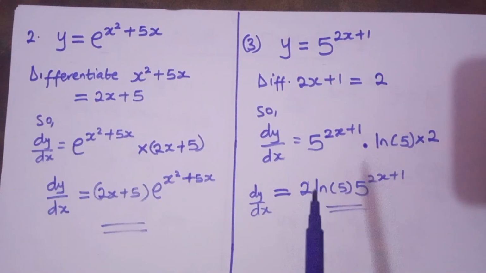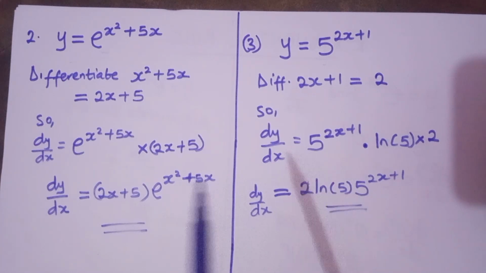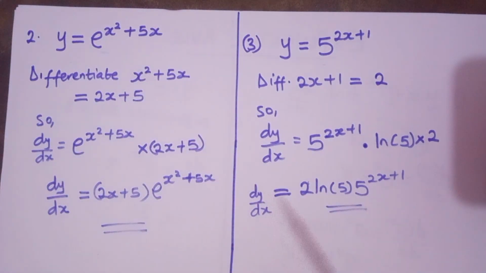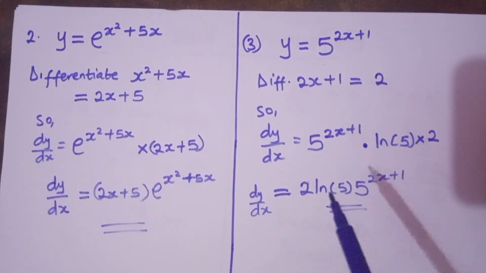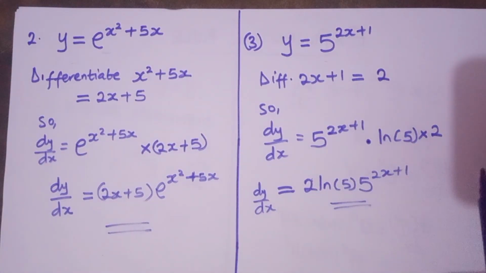Any question that is given that does not come with e, if the base isn't e, then multiply that by ln of the base.